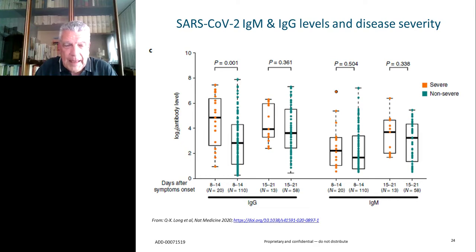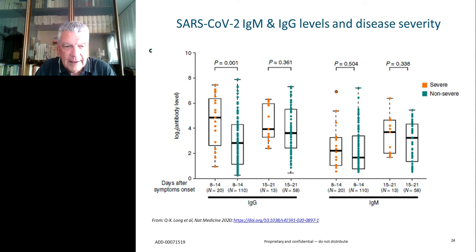First, a thing that may happen, and indeed has been demonstrated, is that the level of reactivity to IgG and IgM may be different according to the severity of the disease. This is indeed more evident for the IgG response, especially in the early stages.